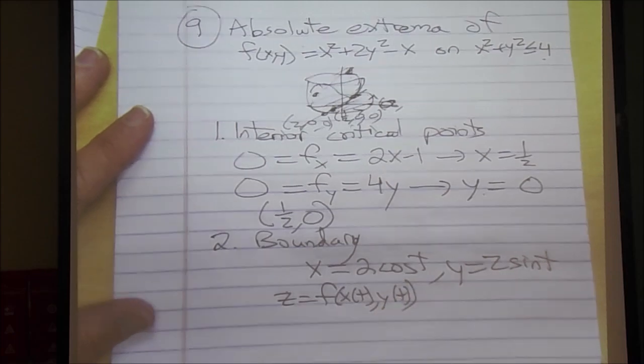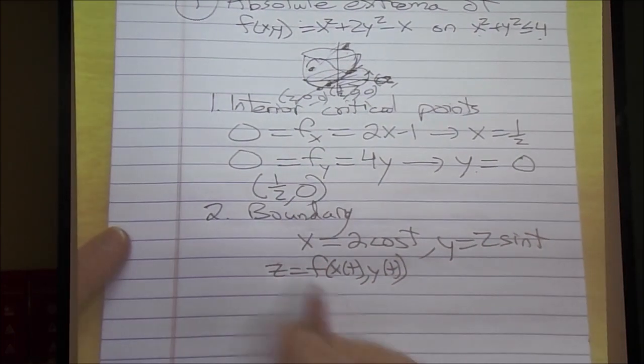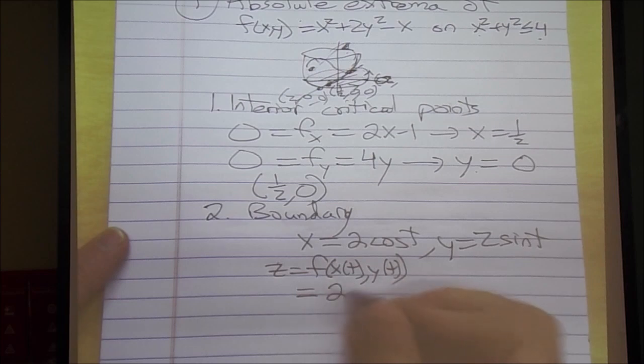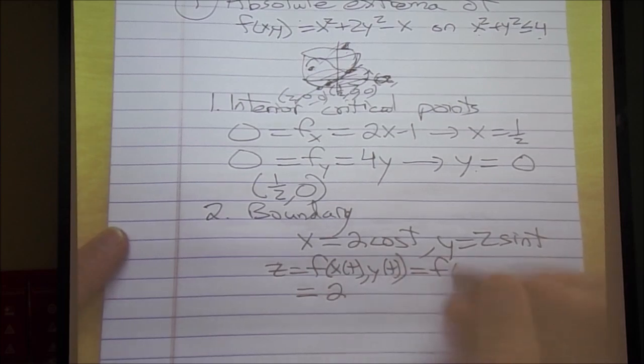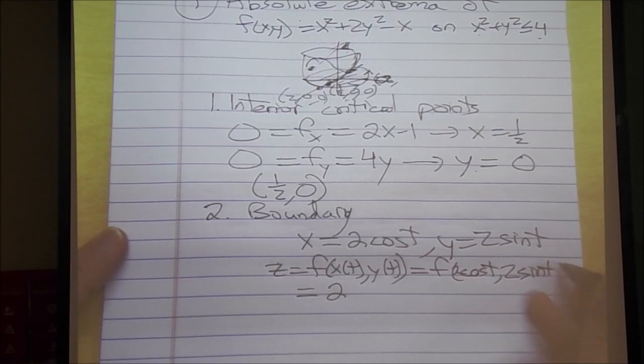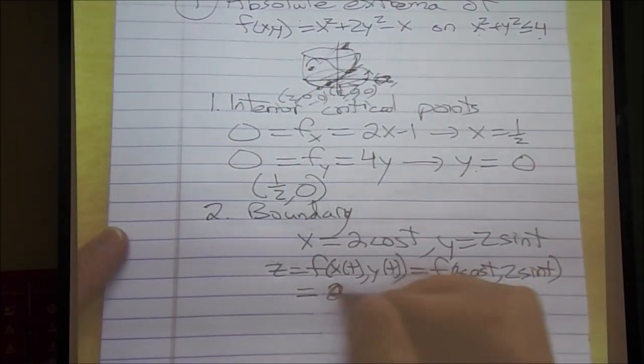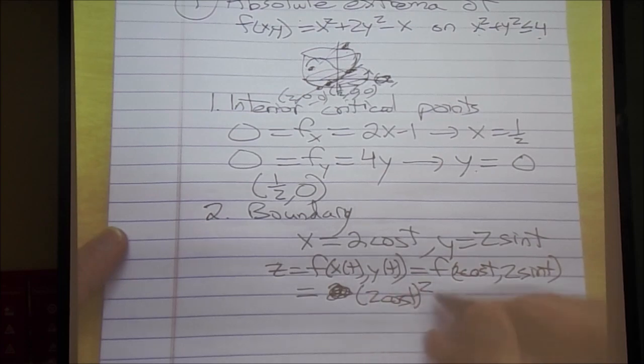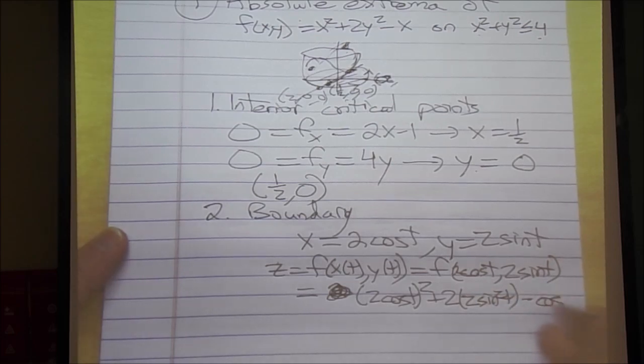You're sweeping out a curve in three space here, x, y, z, and f was x squared plus 2y squared minus x, so this is f of 2 cosine t, 2 sine t, which would be 2 cosine t squared, plus 2 times 2 sine t squared, and then minus 2 cosine t.